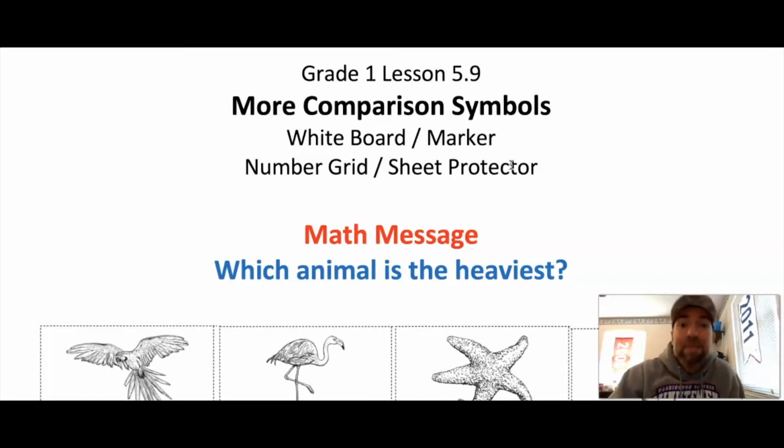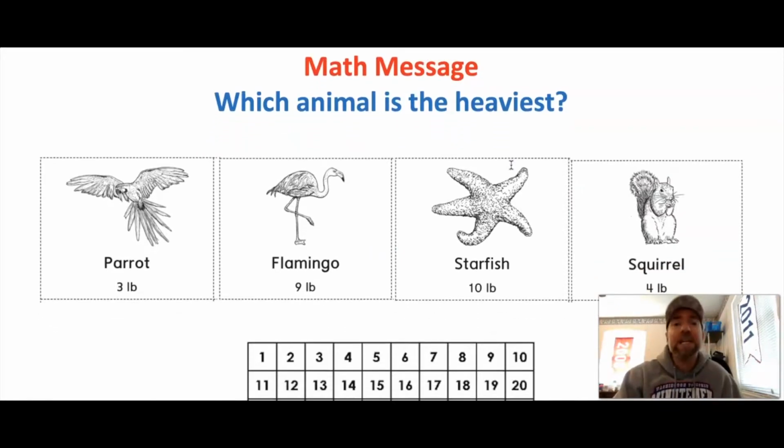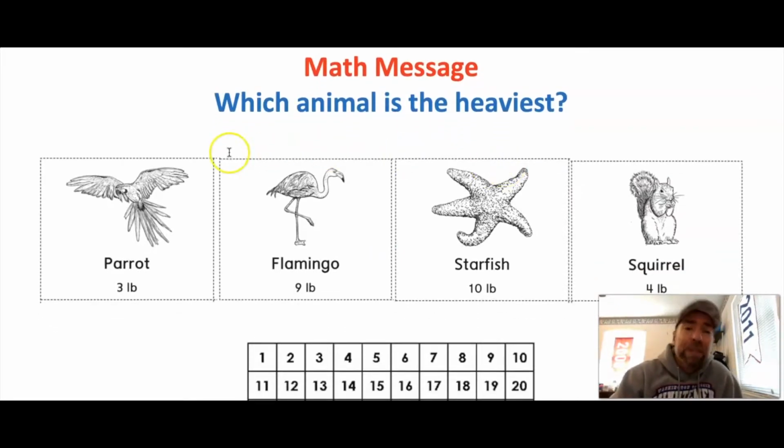So our math message today, which is our warm-up, and we're going to need our number grid for it. But here's our question. Which animal is the heaviest? And we have 4 little animals here. The first animal is a parrot, and the parrot weighs 3 pounds.